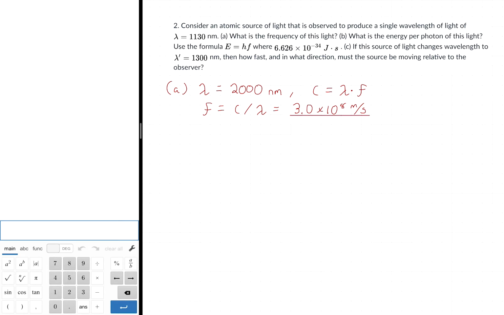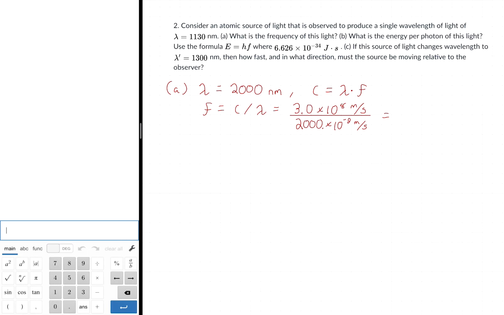And then our wavelength in meters would be 2000 times 10 to the negative 9. That's not proper scientific notation. I'd want to move the decimal place and end up with 10 to the negative 6, because 2000 nanometers is the same as 2 micrometers, or 2 microns. But we'll leave it this way.